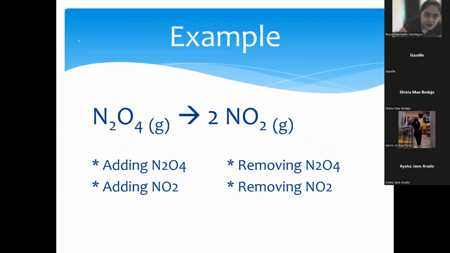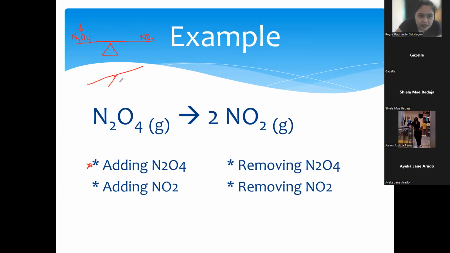So parang siso lang yan siya, class. Okay? Mag-draw ka ng siso dyan. Meron kang N2O4 here. Meron kang NO2 dito. So, ang first scenario, pag magdagdag ka ng concentration dito na side sa N2O4. So, pag mas marami na siya, what will happen?